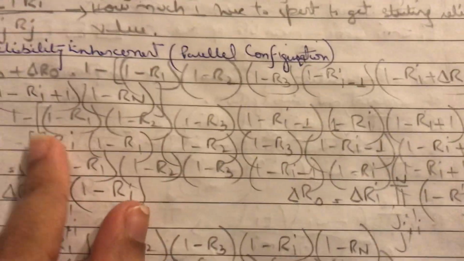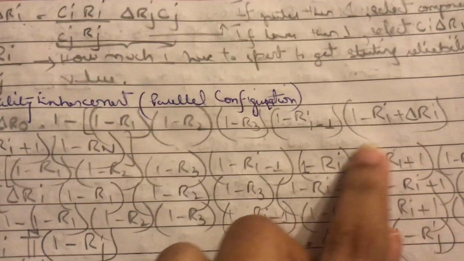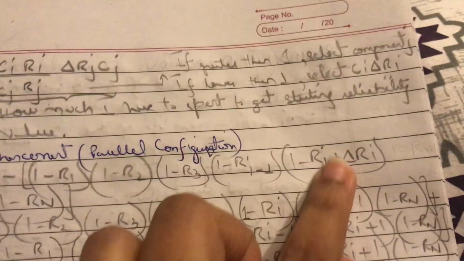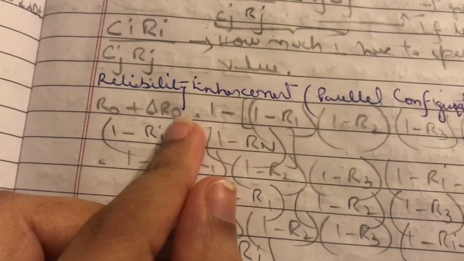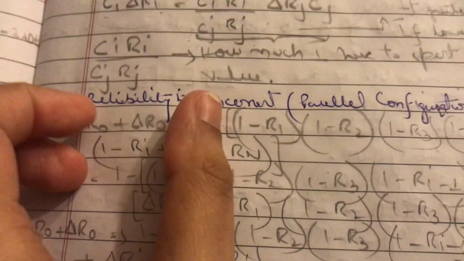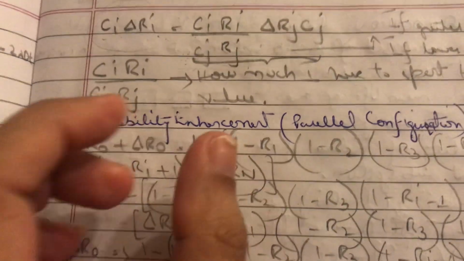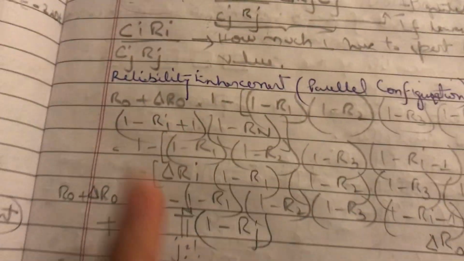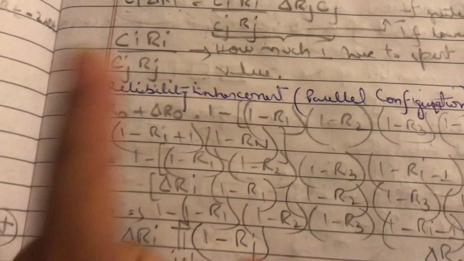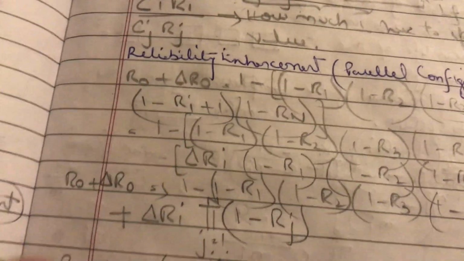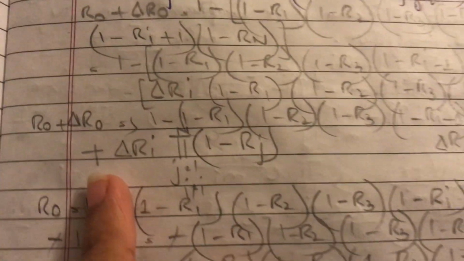So delta Ri got multiplied with all of these, and this 1 minus Ri got multiplied with all of these. The difference is that we have only 1 minus left here; this extra one is here. So what are we going to do with this? Let's move on so it becomes clear to you.